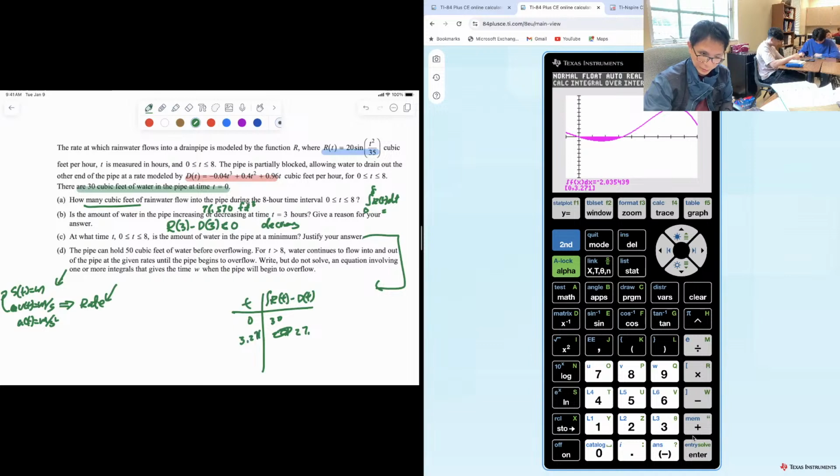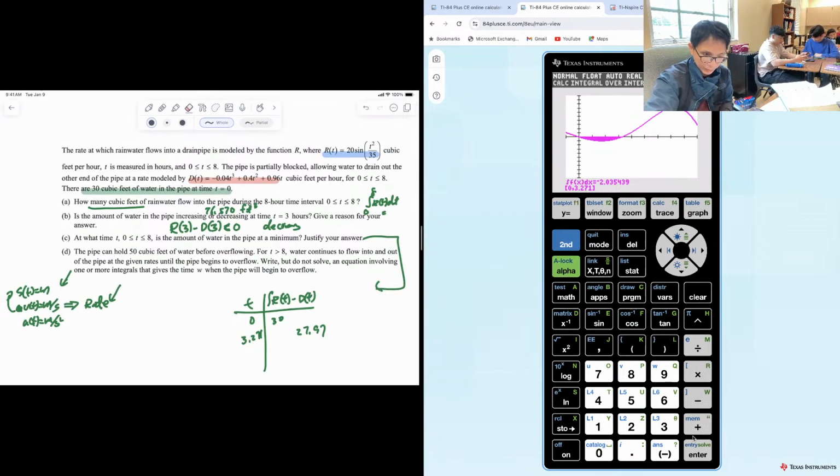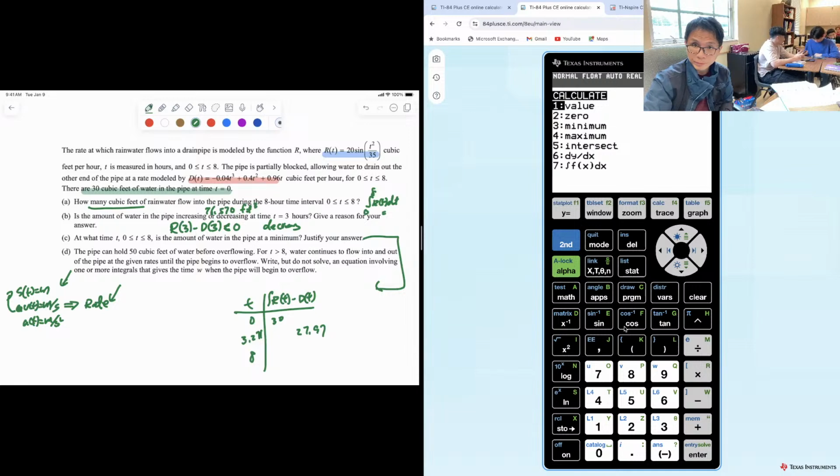Oh yeah, H was the easy one. I skipped it. You just find the integral and you see when your value is the most bottom.